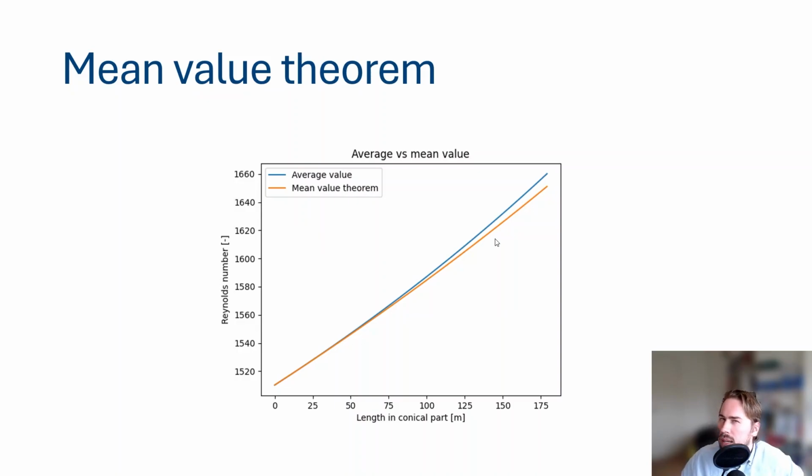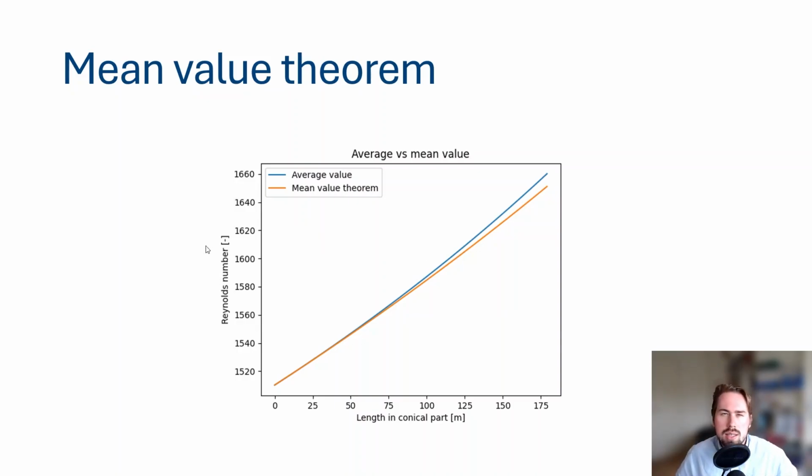And although this might seem like a small difference, whenever you're working in the turbulent, transient, laminar region, this difference can actually make a significant difference in results. So that's why we worked with the mean value theorem.